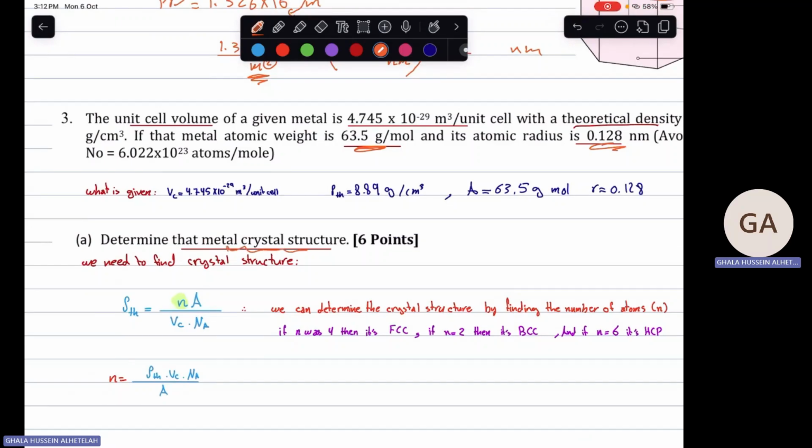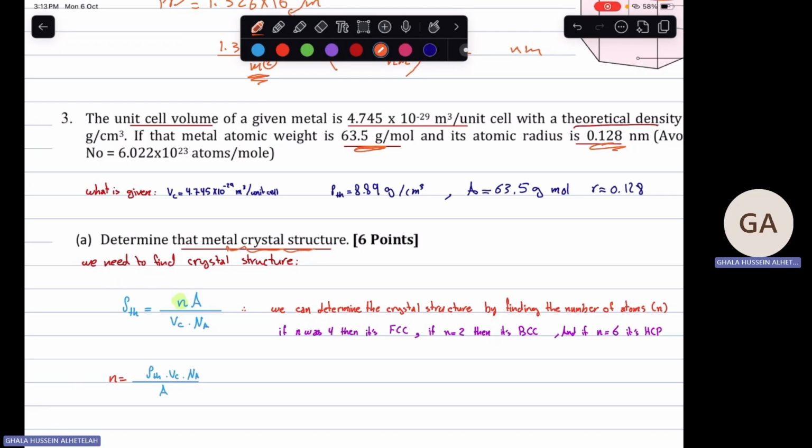He needs to find the metal crystal structure. The key here is he gives us the density, the radius, and also the atomic mass. So what we can do is find the number of atoms, and based on the number of atoms that we get, we can determine whether it's FCC, BCC, HCP, simple cubic, etc.